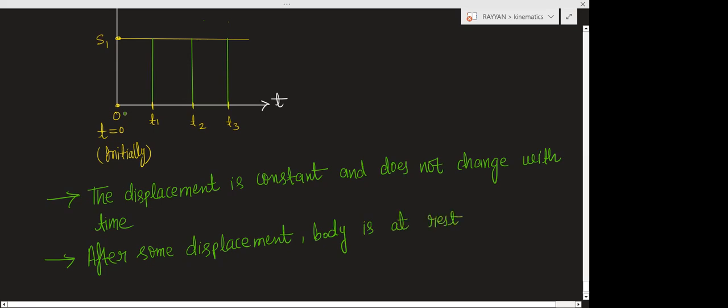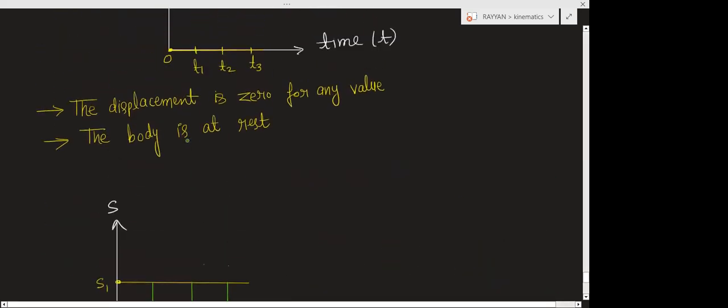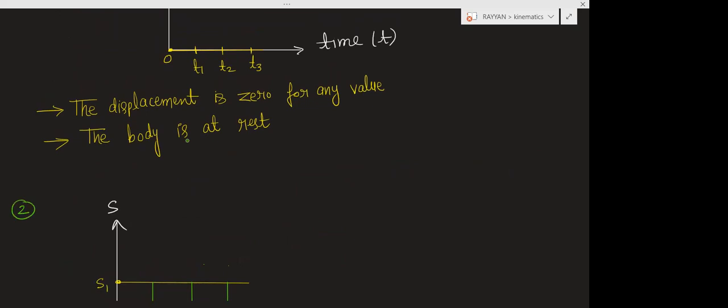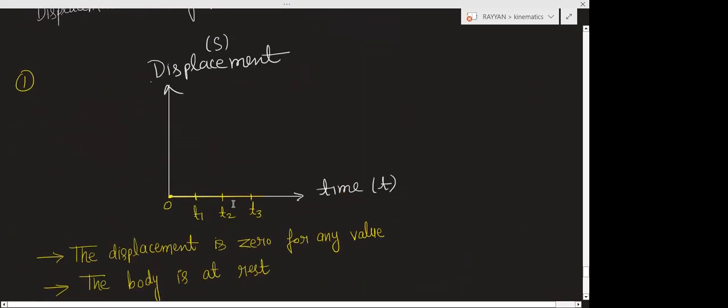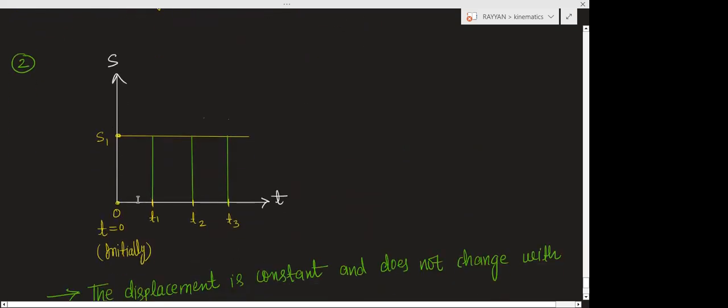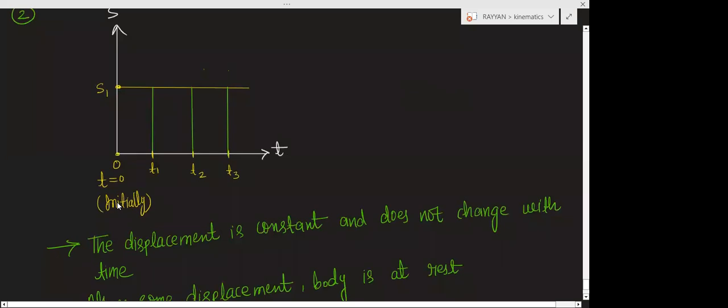Okay, so these two types of graph first note down, then we will discuss another type of graphs. In the first graph the body is at rest completely, but here the body has performed some initial displacement, and after that the body came to rest.